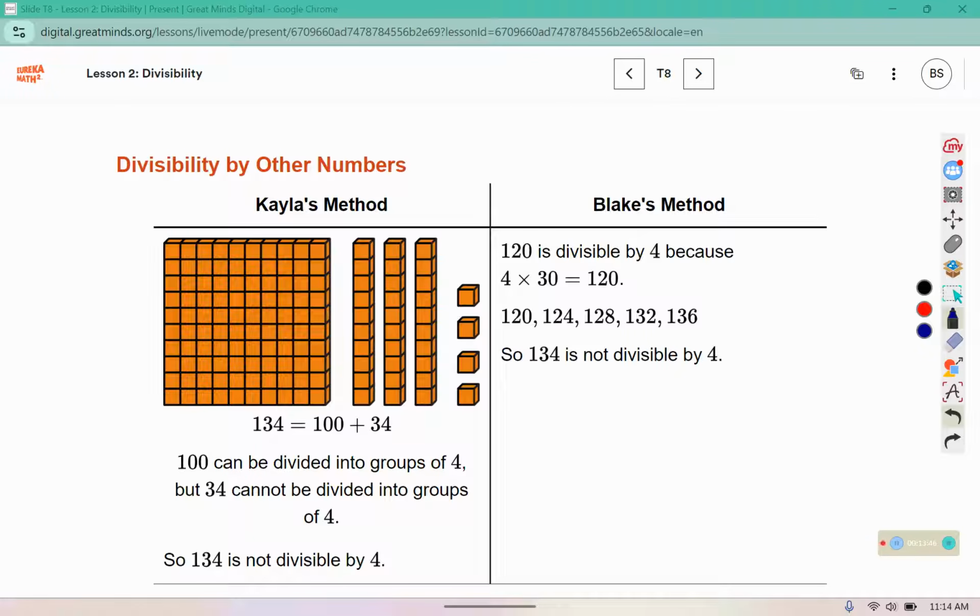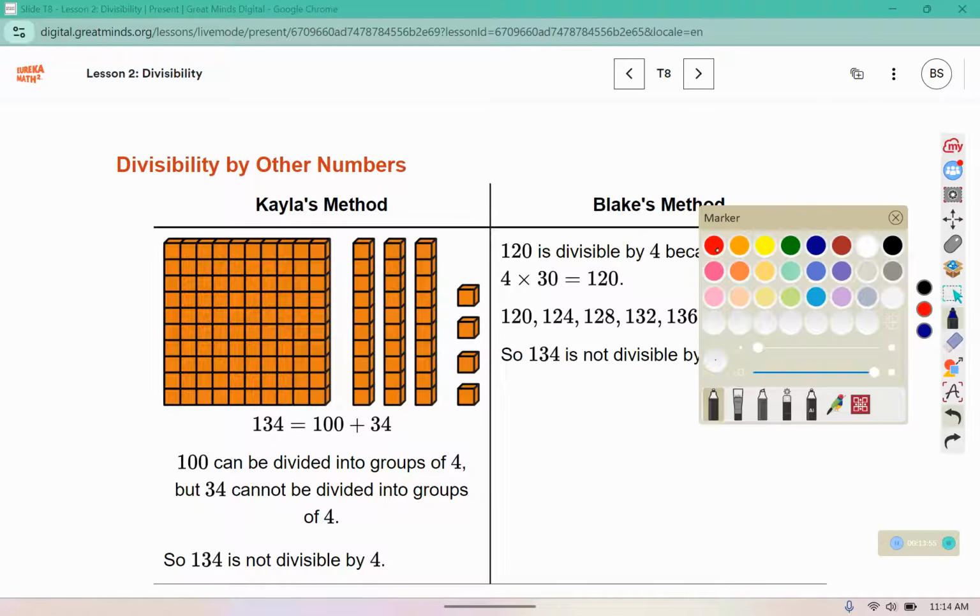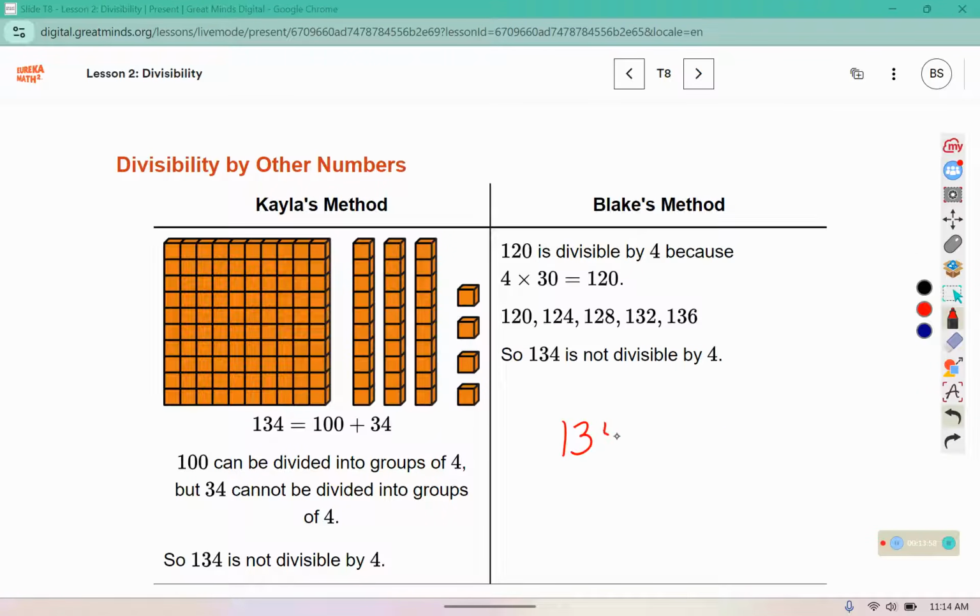Can we use his method to determine if 134 is divisible by 7? We know that 140 is a multiple of 7. So if we go backwards, that would give us 133. We're taking off 7. 126. But 134 would be in the middle, so it is not divisible by 7.